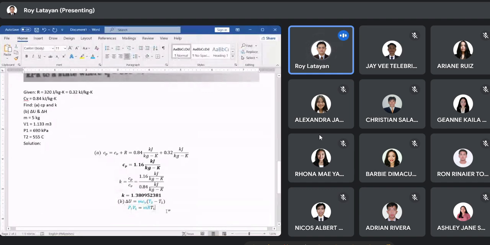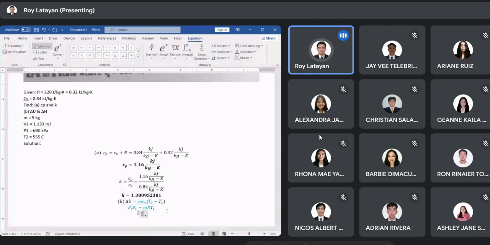So, substituting 690 kilonewton per meter squared times V1 of 1.133 meter cube equal to mass of 5 kilogram, and we have given R 0.32.